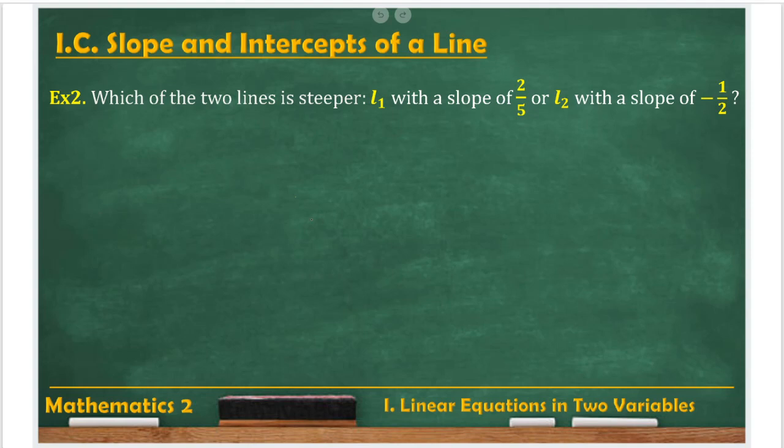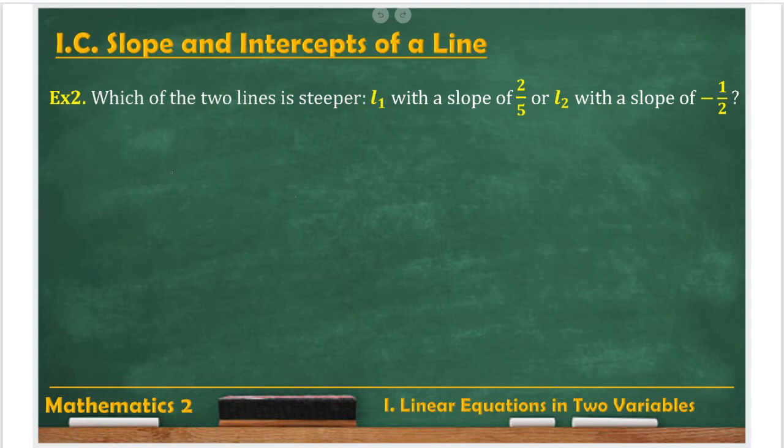Now here, if we're going to determine which line is steeper, we have to disregard the sign. We will just get the absolute values of the two given slopes and compare the two absolute values. The one with the higher absolute value is actually the steeper line.